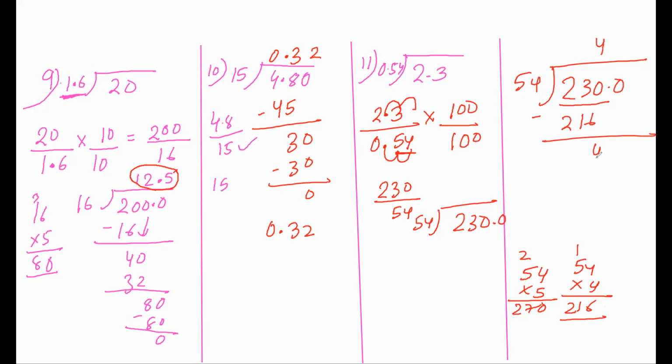And then I have 4, 14, 140. Put a point here and try with 54 times 2, which gives me 108. That is 32. My answer is almost like 4.2.